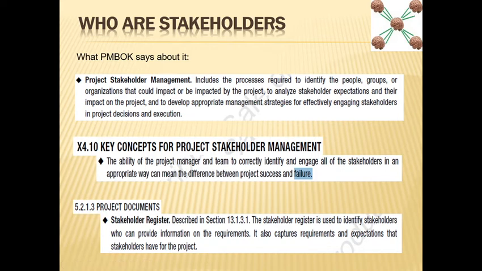As I told you previously, the stakeholder register could be a kind of sheet where you add the stakeholders and what kind of requirements they have. It should have the stakeholders listed, their expectations, their requirements, and how you will deal with them.